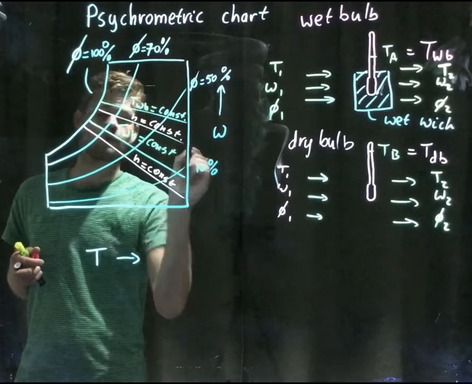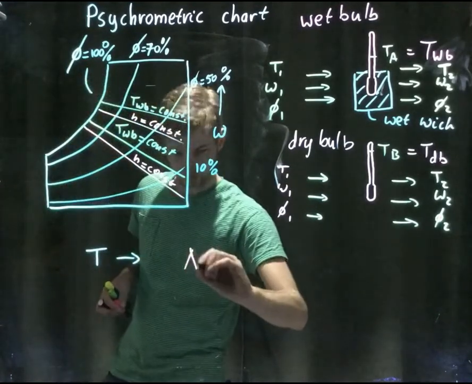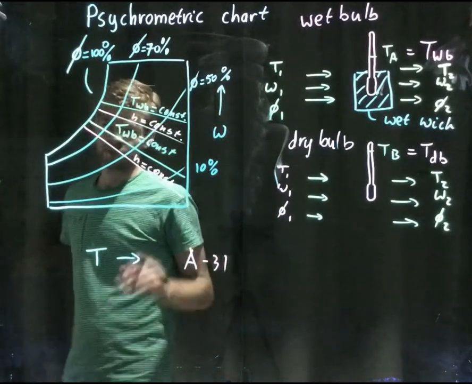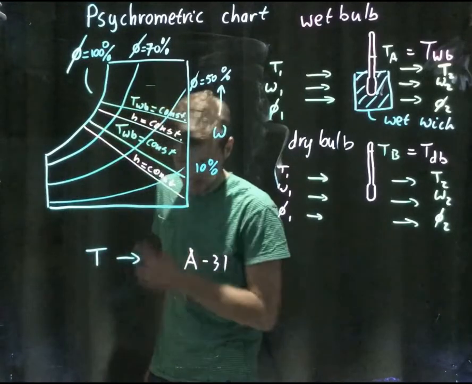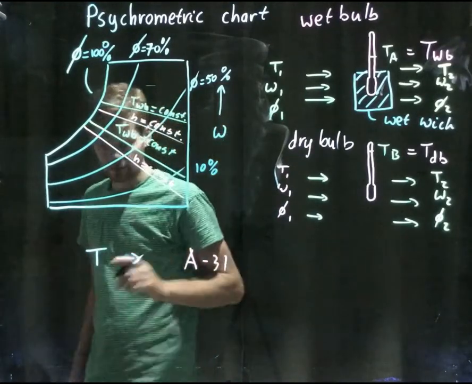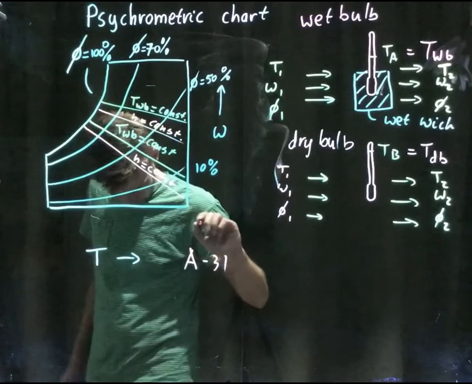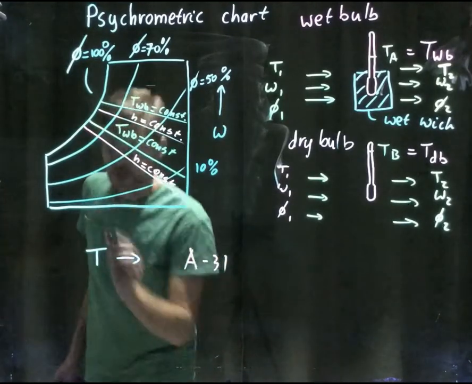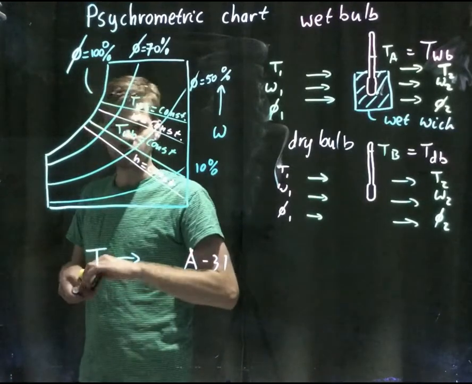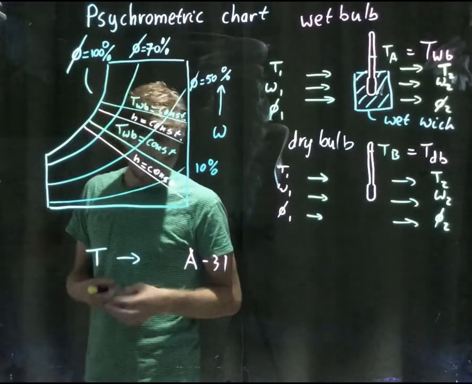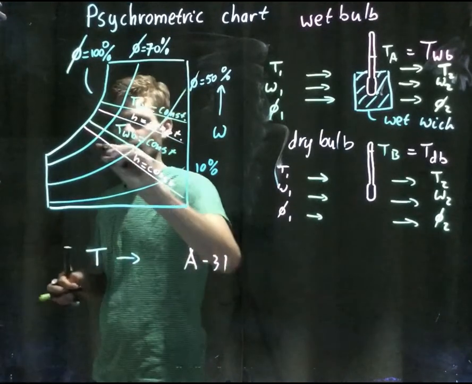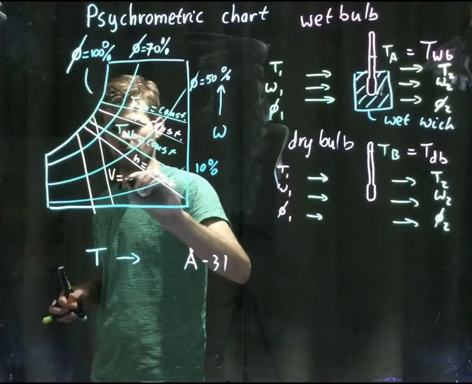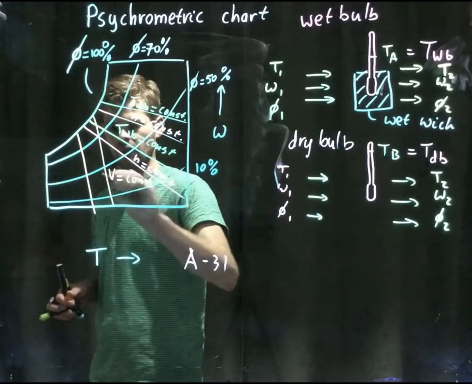And actually in your book, table A31, there the wet bulb temperature isn't even indicated, it's just enthalpy. And we can read the volume as well from this table. And that looks like lines like, just pick another color, lines like these. So specific volume is constant here as well.